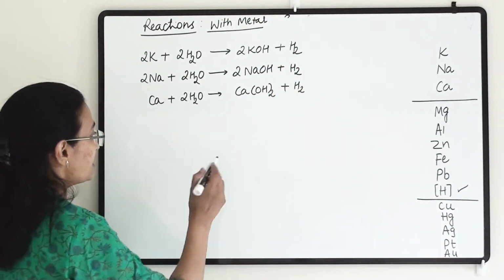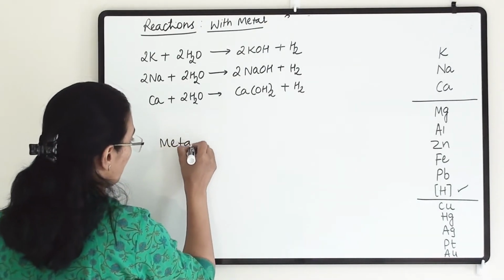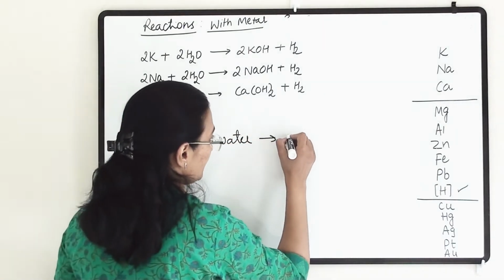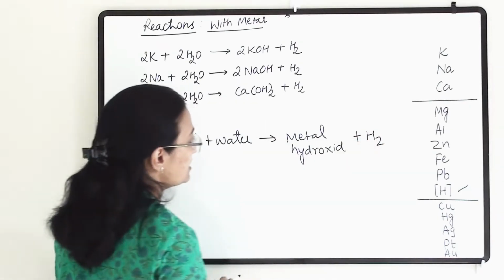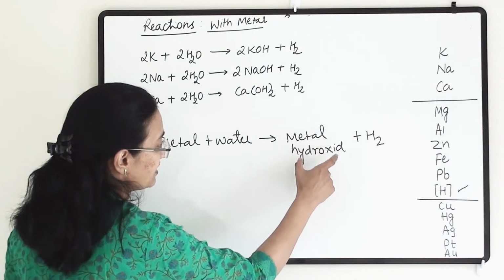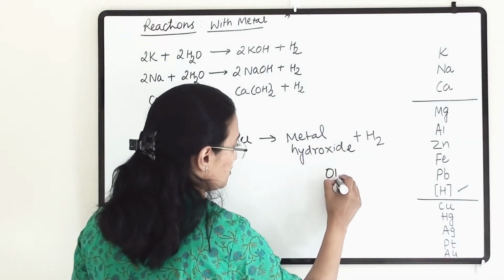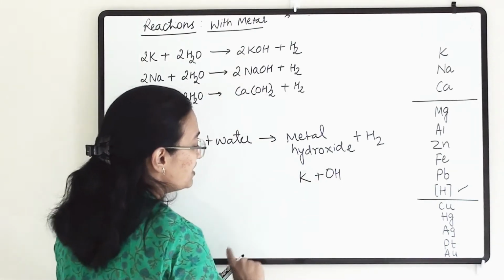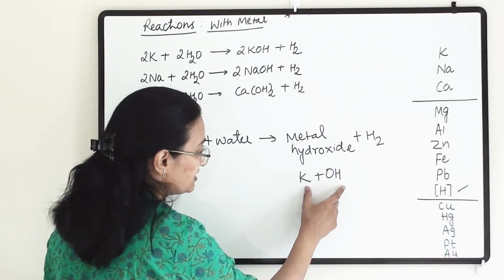So this is a generalized equation for a metal reacting with water: it will give us metal hydroxide plus hydrogen gas. Whatever metal you take, you have to place it over here and it will form a hydroxide. Hydroxide means OH, so OH will combine with the particular metal. Now it depends upon the molecular formula, which molecular formula they will make.